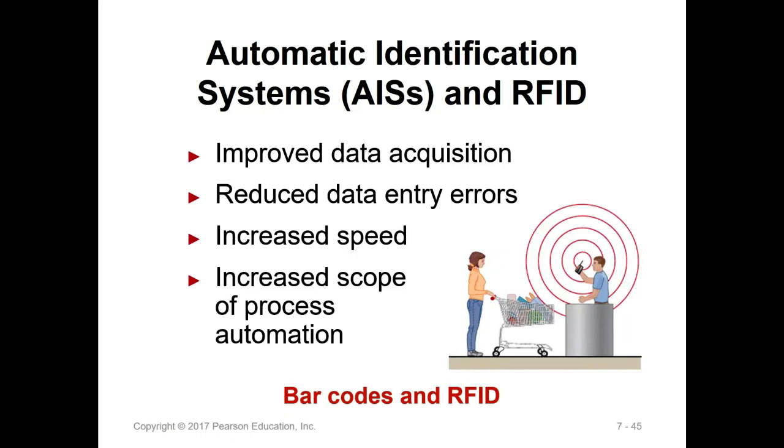Automatic identification system, we call it AIS, or radio frequency identification system. What we can see is similar technology, data processing, that can help to improve the data acquisition and so increase the speed.